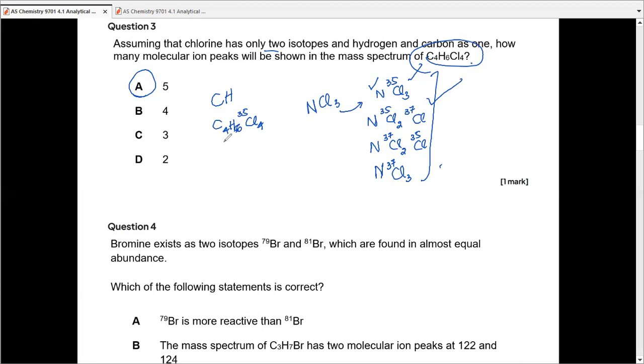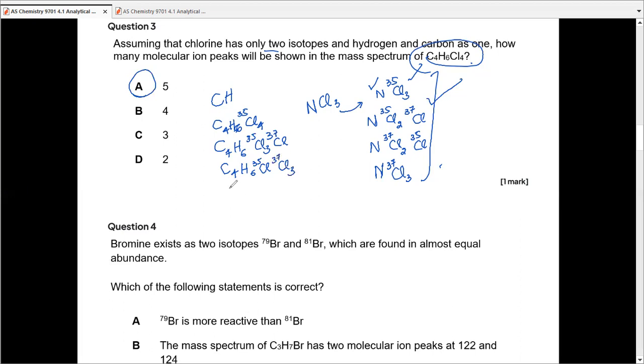C4H6Cl4: now there are three 35 type isotopes, and there is only one which is 37. Make sense? The opposite can happen. C4H6: there is one 35 type, and there are three 37 types.